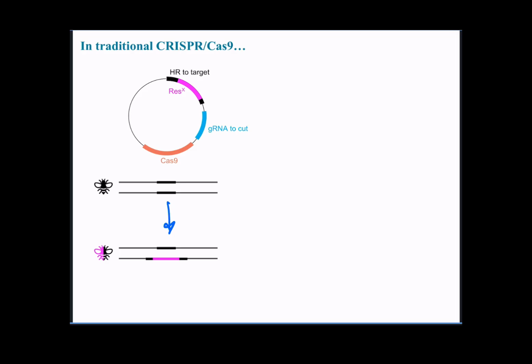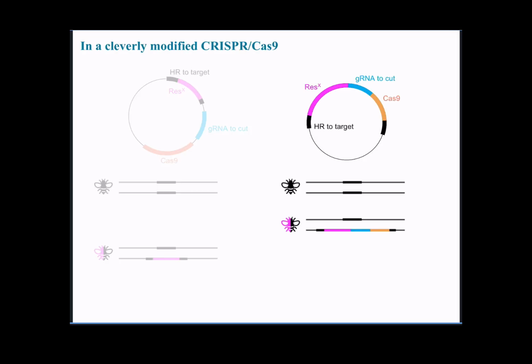What these people thought, and this was work pioneered at UCSD, is, wouldn't it be cool if we put everything in between homology regions? Right? So now everything, the rescue sequence that I'm calling ResX, the guide RNA, and the Cas9 are all under the sequence that will be integrated into the genome.